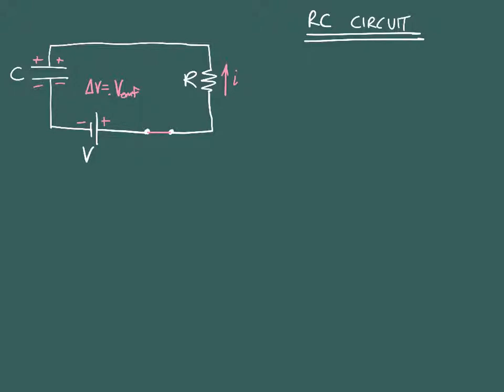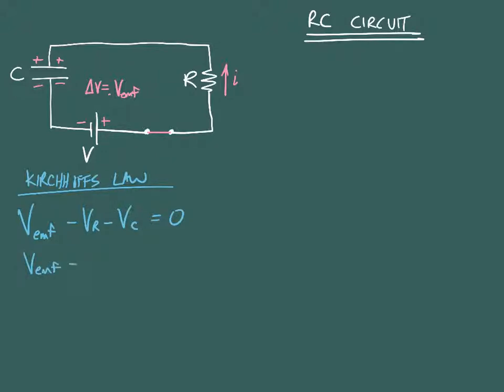Now the Kirchhoff law would tell us this, that the voltage source minus the voltage drop across the resistor minus the voltage drop across the capacitor has to equal 0. We can write the voltage drop across the resistor as the time-dependent function of current and resistance, or IR, V equals IR, Ohm's law.